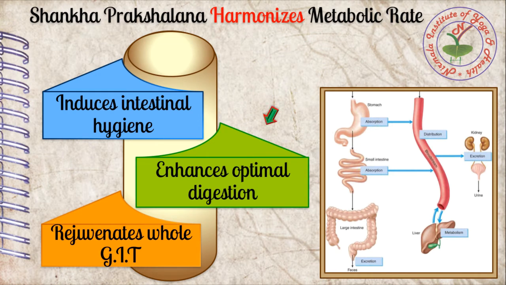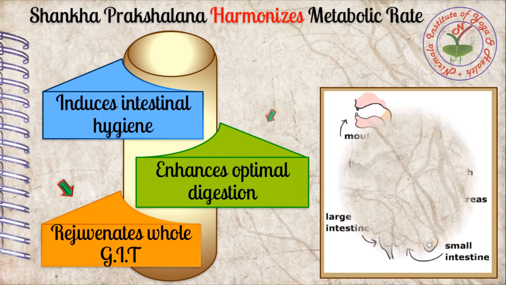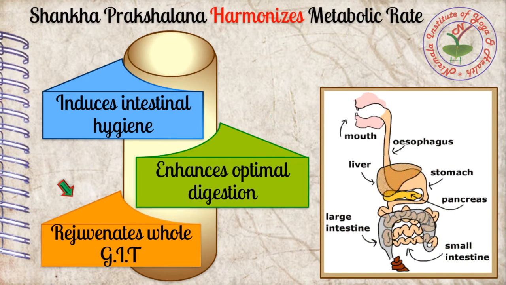This allows optimum level of digestion and regulates the absorption rate of nutrients, as well as the elimination and detoxification of stored fat tissues as per bodily needs. And Shankha Prakshalana rejuvenates the function of the gastrointestinal tract. In this way, Shankha Prakshalana harmonizes metabolic rate.